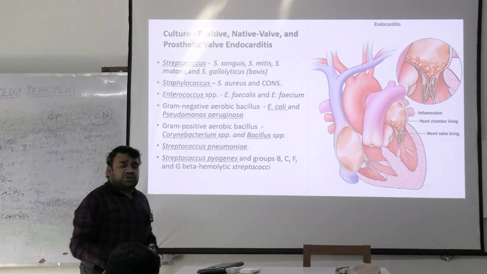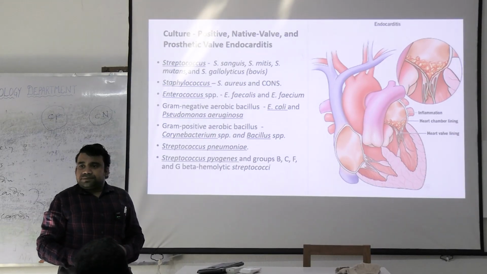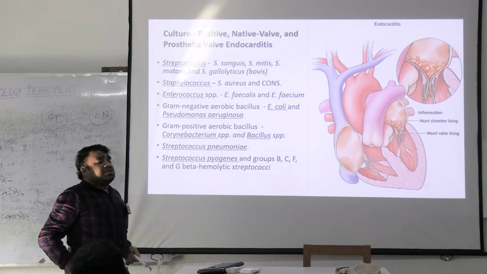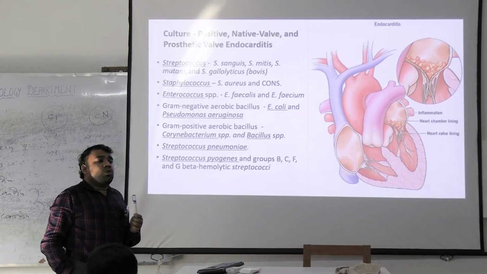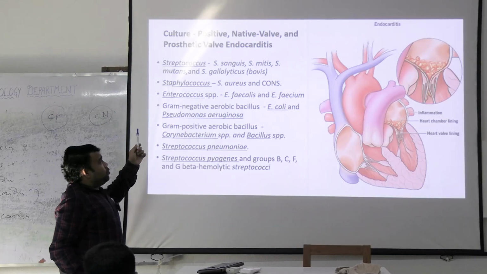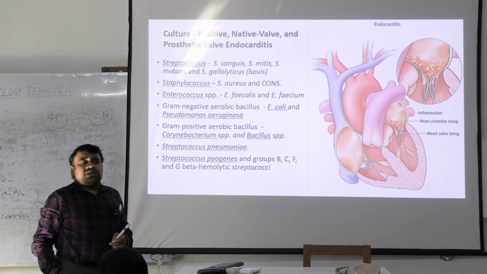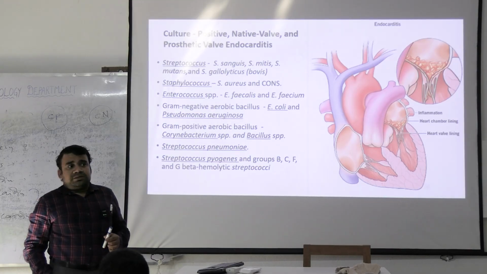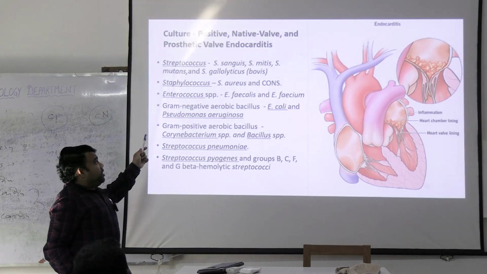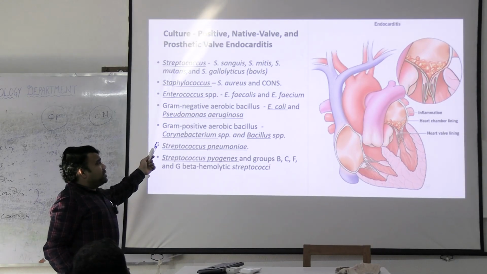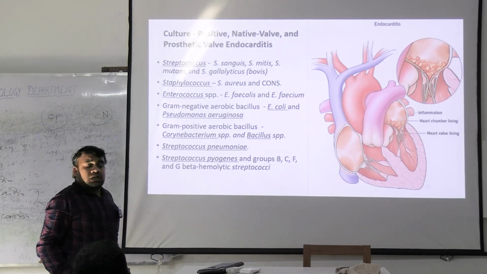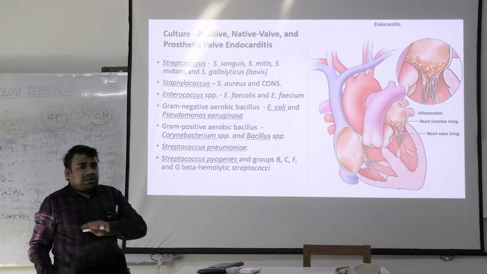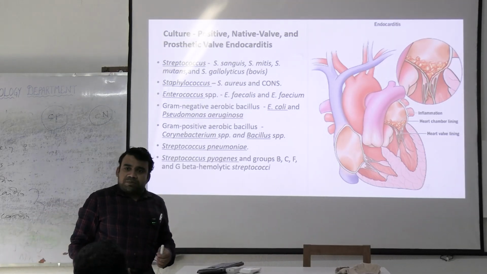The common organisms include streptococci, such as Streptococcus sanguinis and mitis, which are present in the oral cavity. Again, if you look at staphylococcus, Staphylococcus aureus and coagulase negative staphylococcus are associated with the skin. Finally, you can see enterococcus and gram-negative bacilli like E. coli and Pseudomonas. These all originate from the patient's own body. These are not from the external environment.